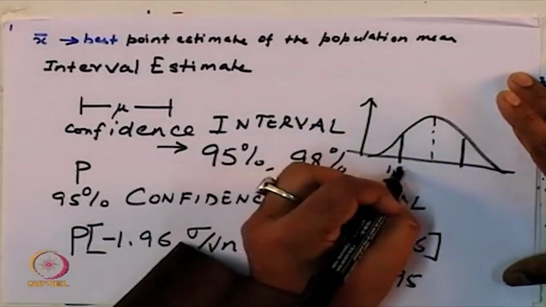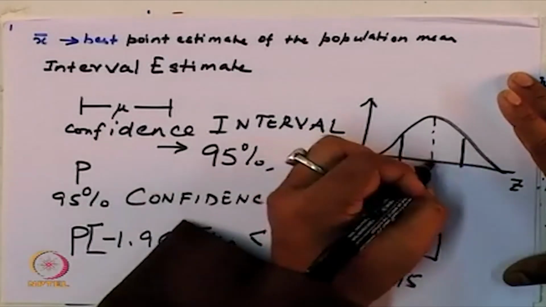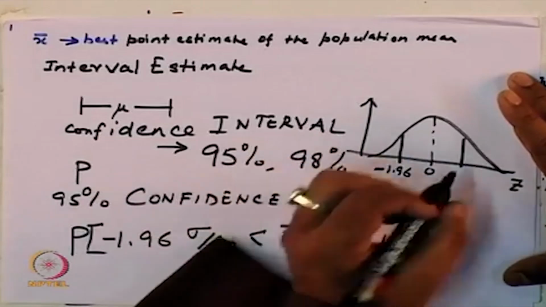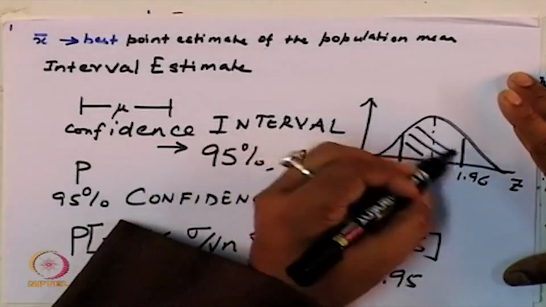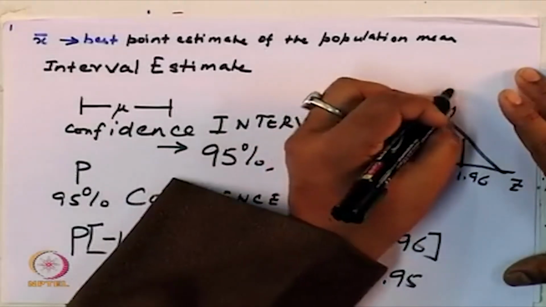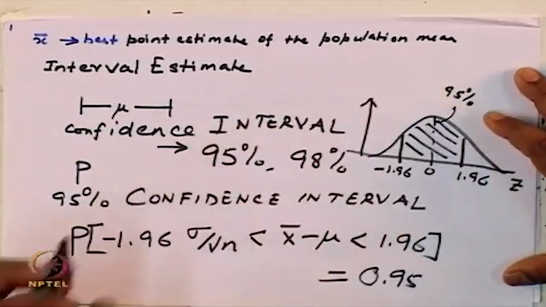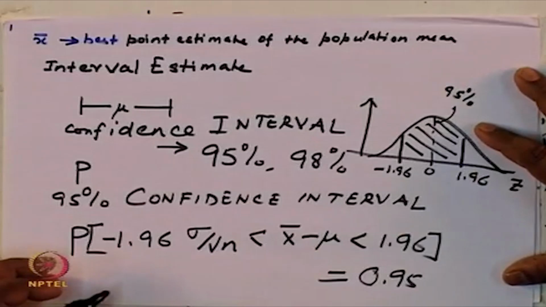So, this is 0, this is minus 1.96, this is 1.96, standard normal values. Within two standard deviations, this area is 95%, or will return the probability of 0.95.